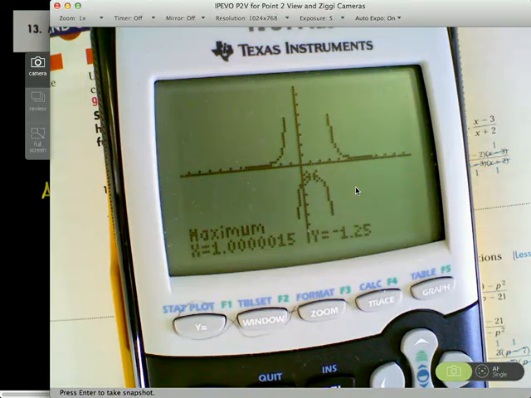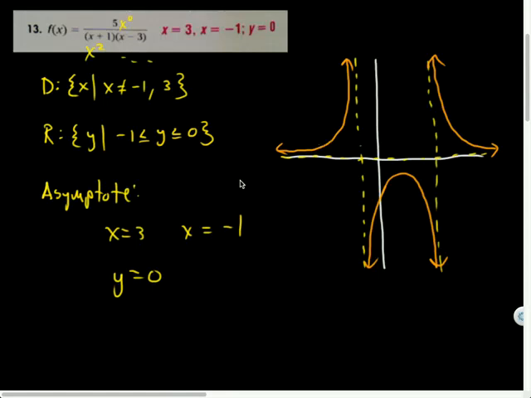So negative 1.25 is as high as it gets. Technically, negative 1.25 is what would go here. But don't worry about that. You're not going to get that detailed. We're just looking at general shapes of the graph. Okay? So that's the idea for that.